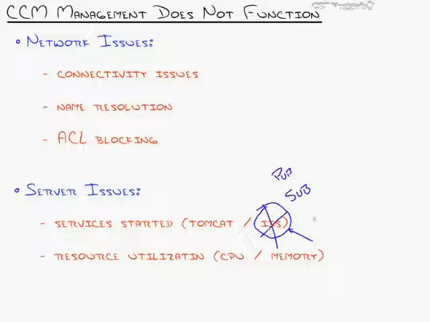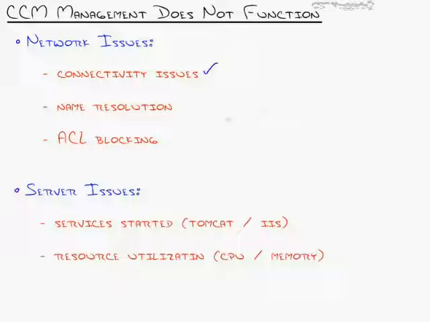So I would say, first off, make sure you're connecting to the right server and you're not mistakenly connecting to a stopped subscriber. But Call Manager management should always function. The things that can cause it not to are all network and connectivity issues, such as the Call Manager not being reachable from where you are. Maybe you're connecting from the internet through a VPN and the Call Manager doesn't have the correct NAT translation to go through the VPN, or you're on a VLAN that does not have access to those Call Manager administration pages.